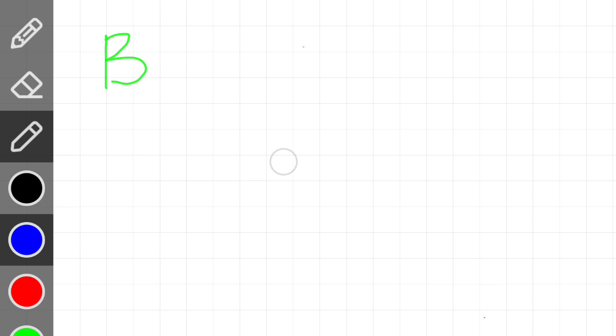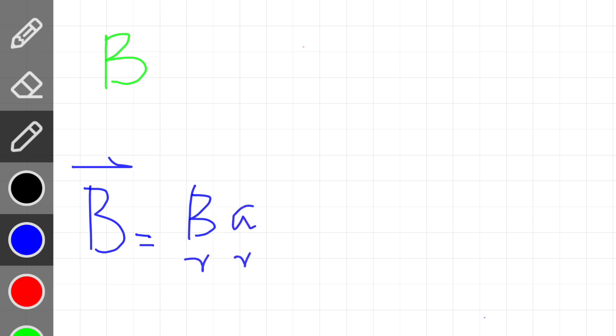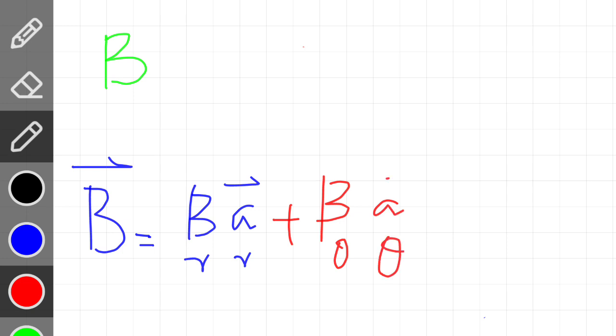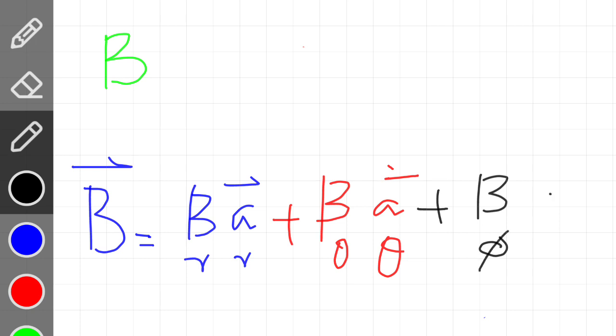It will have a component in the direction of the unit vector AR, a component in the direction of the unit vector A theta, and a component in the direction of the unit vector A phi.